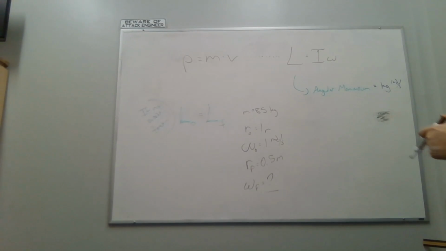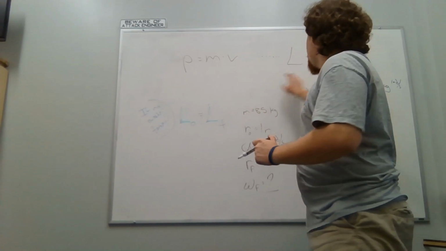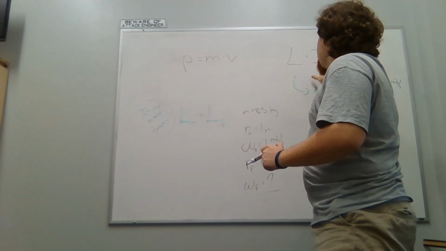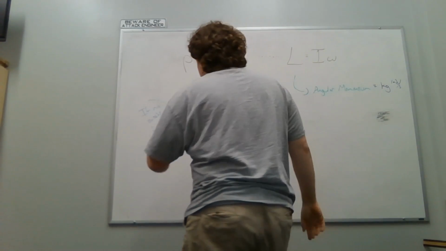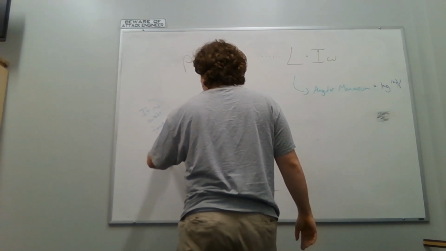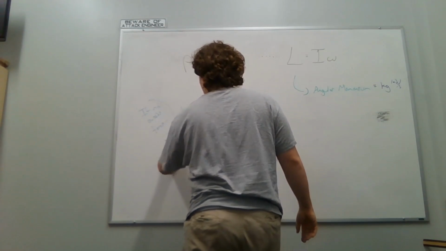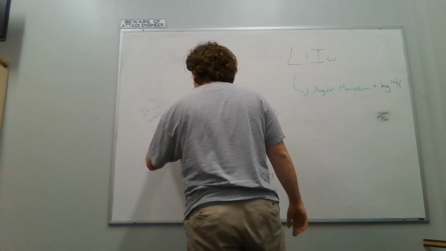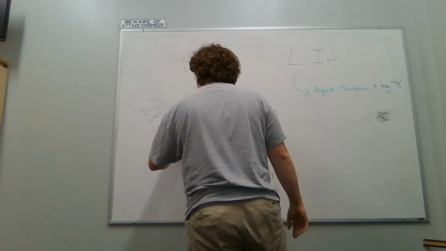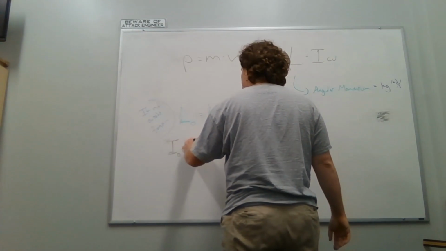So, we have the formula for angular momentum right here. Angular momentum equals moment of inertia times angular velocity. So, the initial angular momentum is going to be equal to the initial moment of inertia times the initial angular velocity.